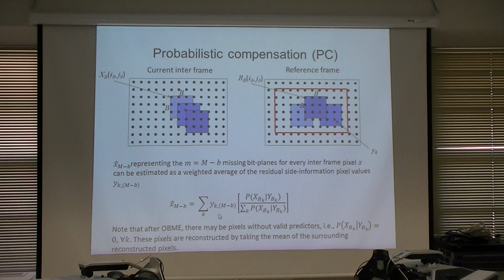Here are the M missing bit planes of the side information pixel YK, and this is the normalized probability of that information block BK. Taking a weighted average, we get the estimated missing bit planes for the interframe pixel X.